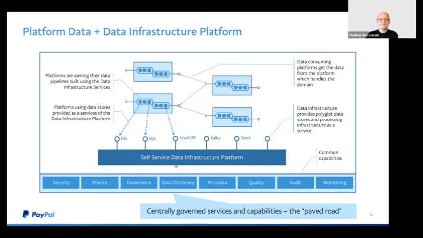You have a self-service data infrastructure platform that builds on what is typically offered by public cloud, but it is hidden behind much nicer interfaces. And then finally, the platform owners are using these capabilities, and they are creating the data products that can be directly consumed by other platforms.